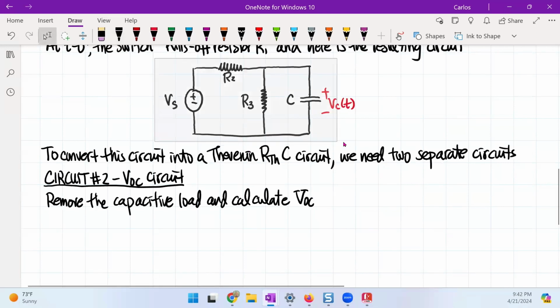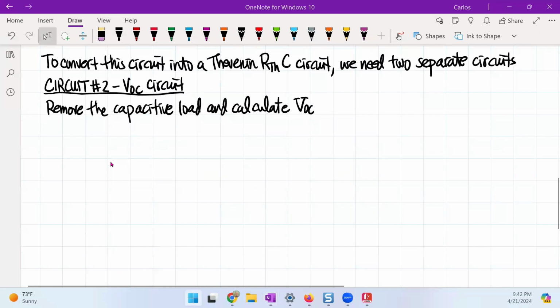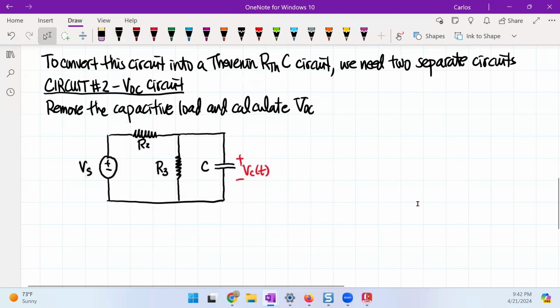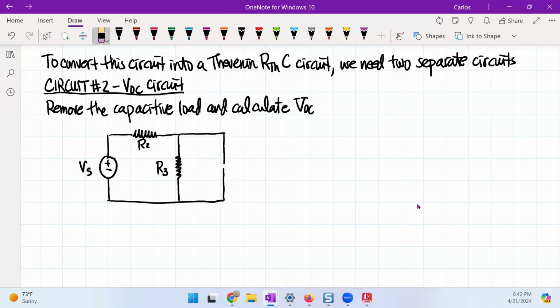So if I copy this circuit and place it right here, I now have an open, which is now VOC.